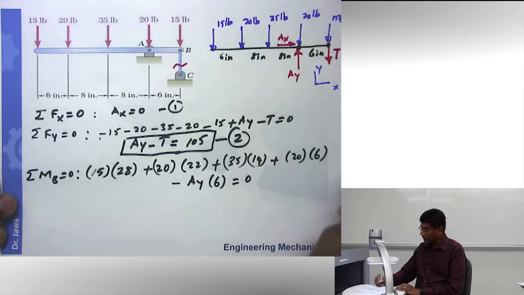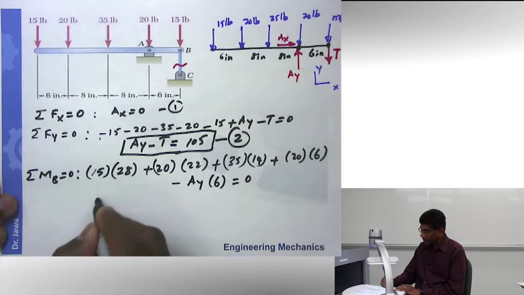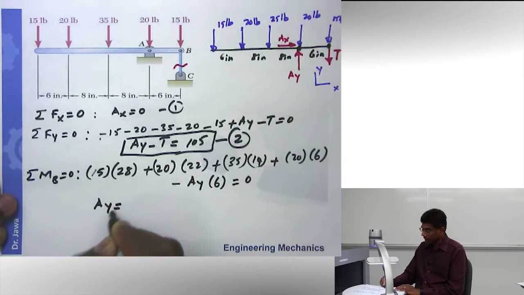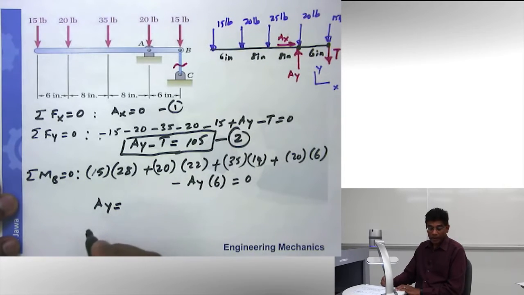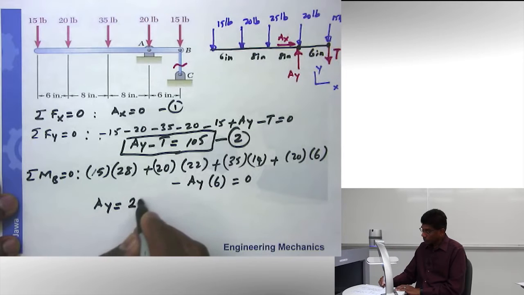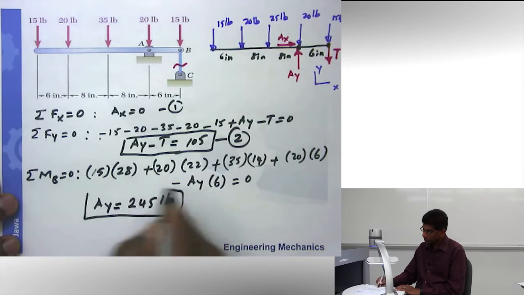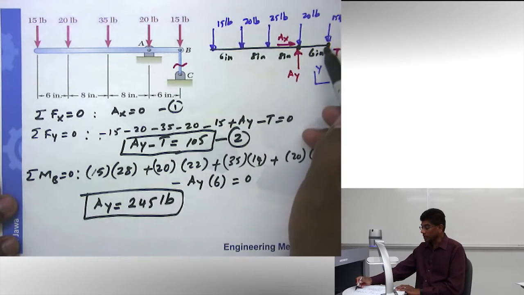Now, I'm not going to spend time expanding right now here. You can do this yourself with a calculator. If I did that, I'm going to calculate A_Y right away, and it is going to be equal to, if you did your math, 245 pounds. So this equation, moment equation, immediately gives me the answer for this unknown support reaction.